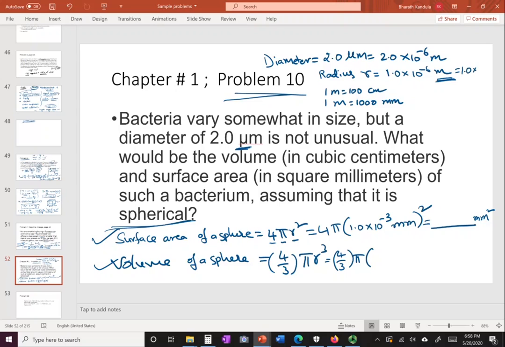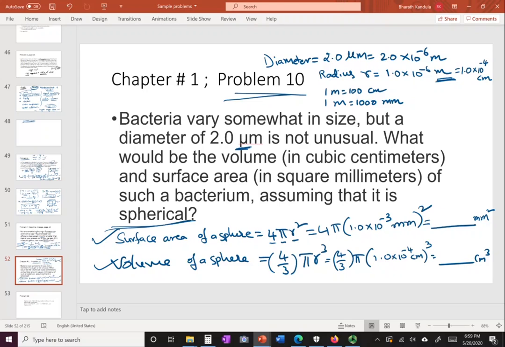So this is 10 to the power negative 4 centimeters here. So I am writing 10 to the negative 4 centimeter cube here. Careful with the unit, so this will be in cubic centimeter. Understand? So this is how you solve this problem. The final answers are in your formula sheet for this problem.